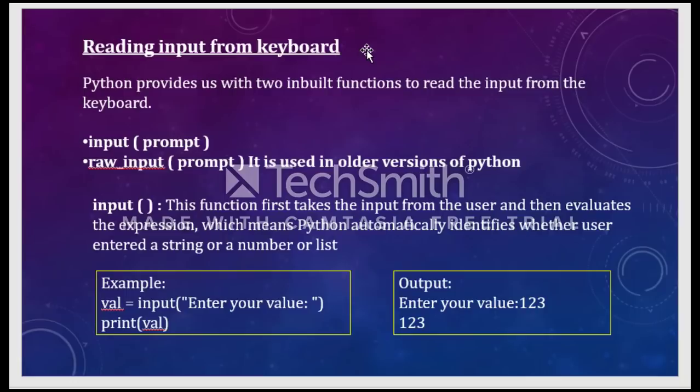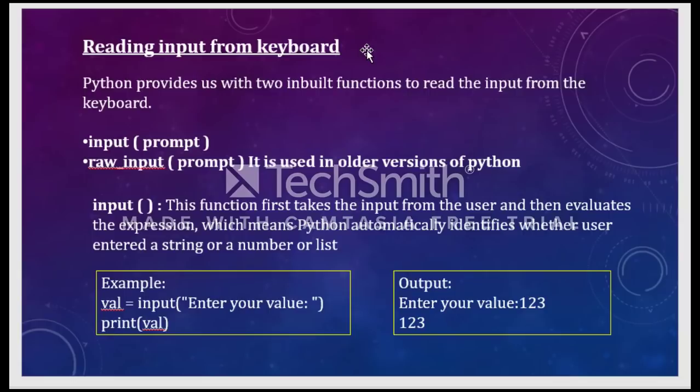Like we have a scanf function in C language, which can be used to read the value from the keyboard, similarly Python also has two built-in functions to read the input from the keyboard. One is the input method, the second one is the raw underscore input method.